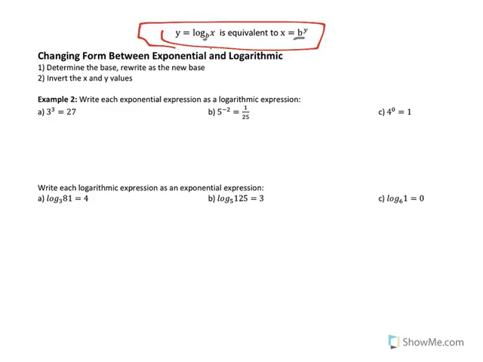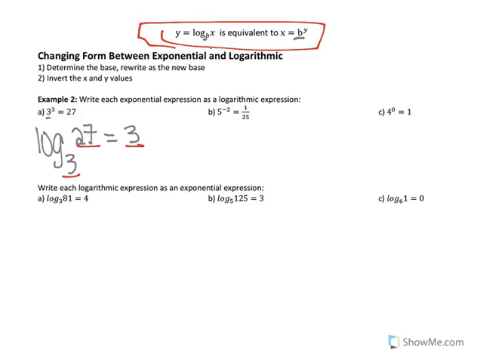So for the first one, we're going to rewrite this as a logarithm. So we're going to say log with a base of 3 because it's still a base of 3. And now on the equal signs, we're going to flip where the numbers are. So 27 is going to come to this side, and 3 is going to come to this side. This is the same as thinking 3 to the power of 3 makes 27.